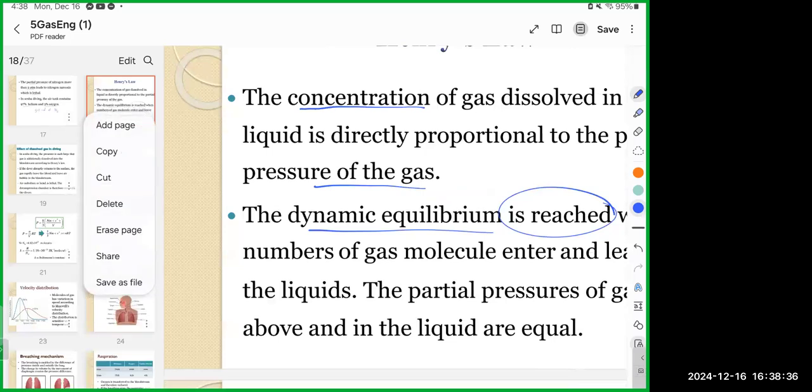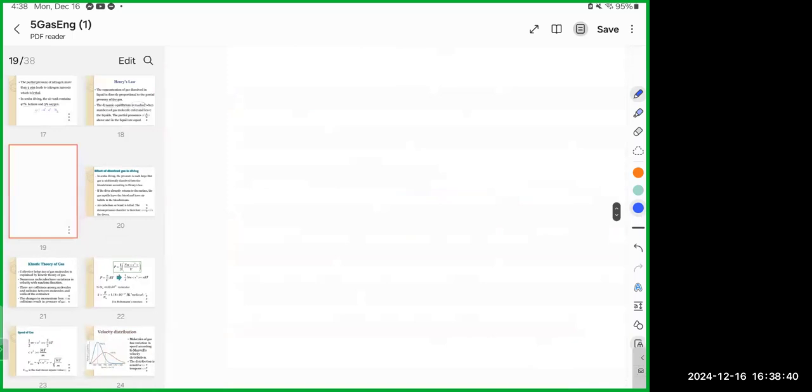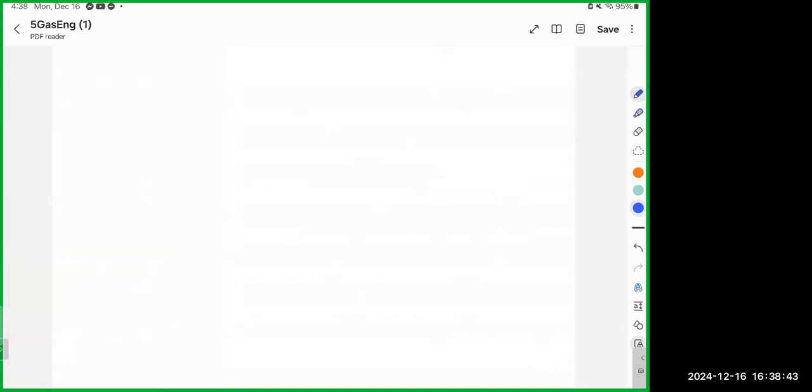To explain this with a better explanation, just imagine a chamber right here.